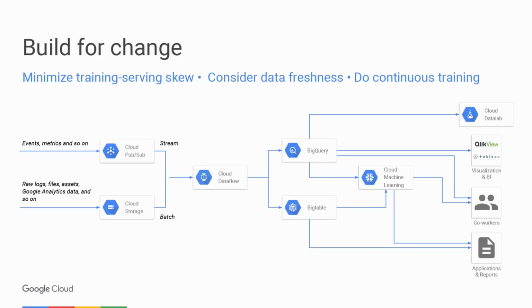And using Google Cloud Machine Learning, or an environment like Data Lab with Google Cloud Machine Learning, you can apply some of the principles we discussed previously. What's great is that now you can do this continuously, whether across batch or streaming, which allows you to build for change.